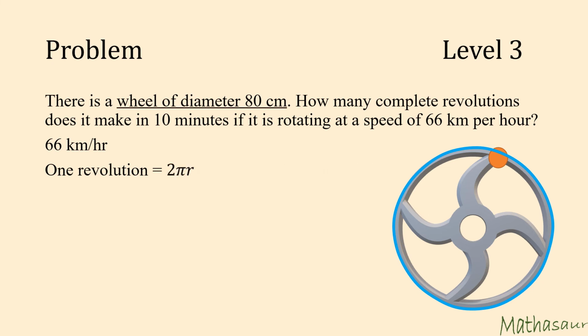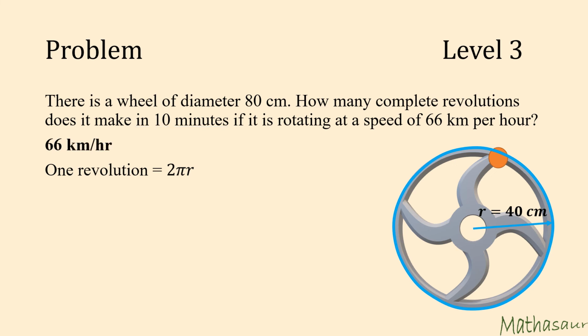So we have a wheel of diameter 80 centimeters, which means that the radius would be half of the diameter, which is 40 centimeters. Now we know the radius of the wheel, so we can find 2 pi r. But we have to find the number of revolutions it will make in 10 minutes.